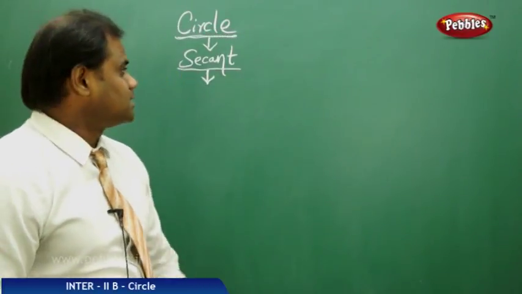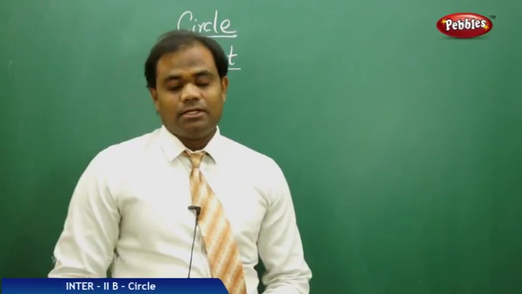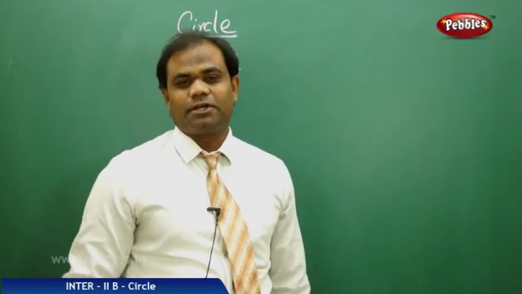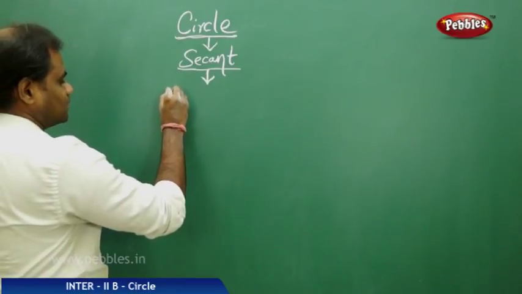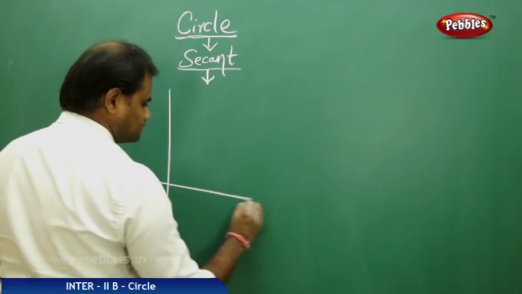Secant of a circle. So what we mean by a secant of a circle is what we're going to discuss in this session. Say for example, I have a circle in the xy coordinate system.